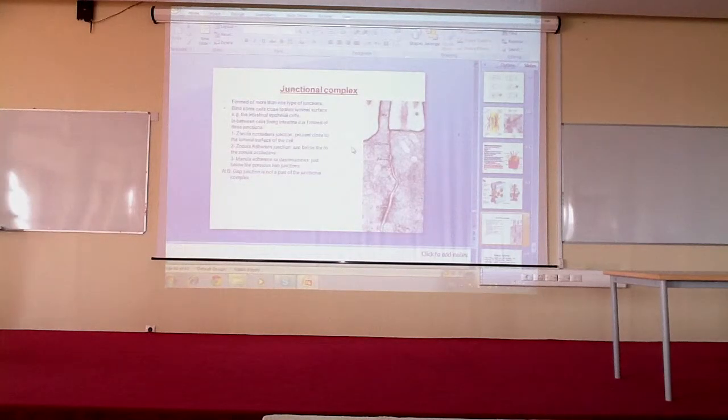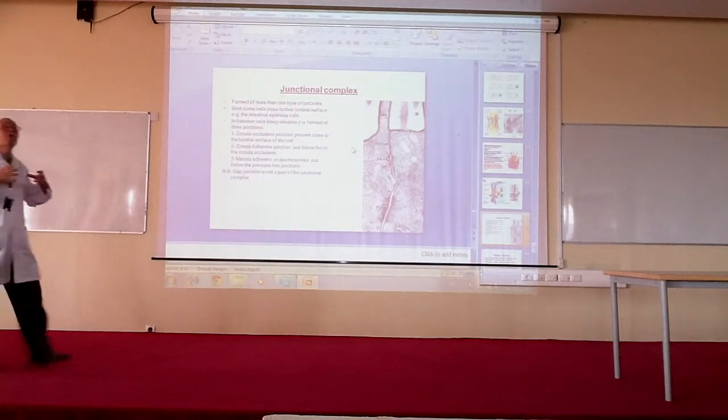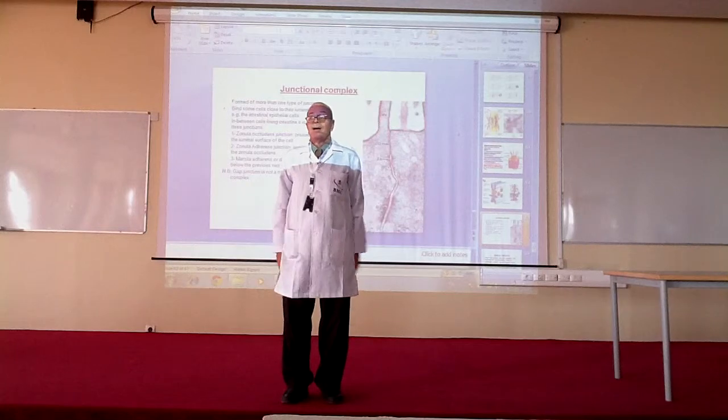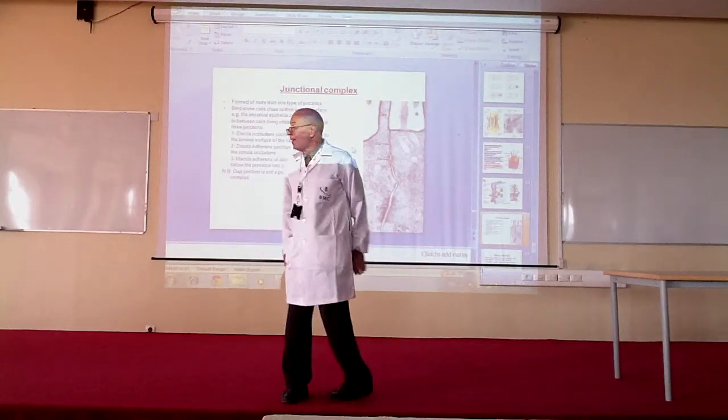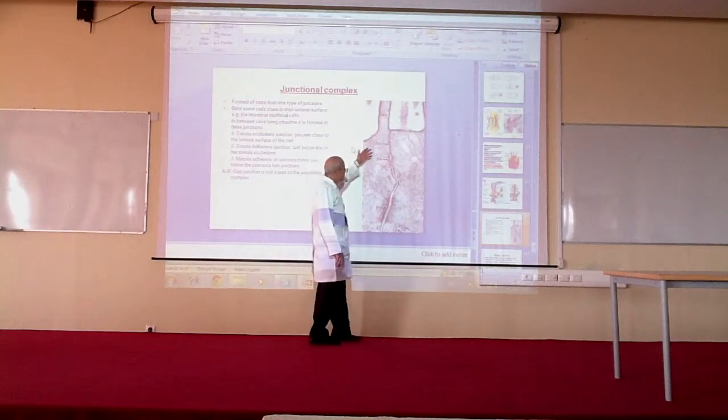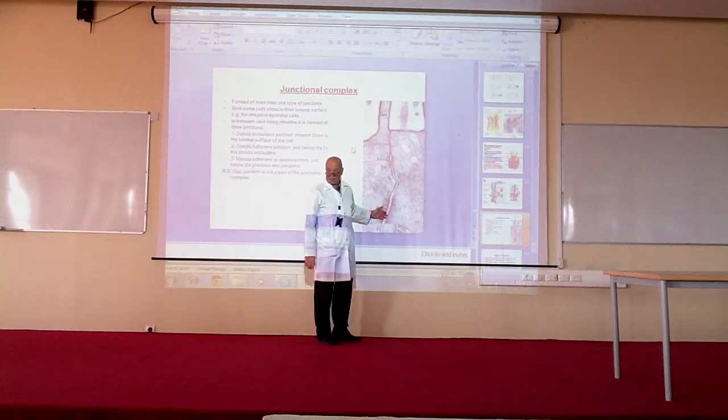Junctional complex. What do you mean by the word complex? More than one thing. A group of things. When we call junctional complex, we have different types of junctions. Each one has its own role.